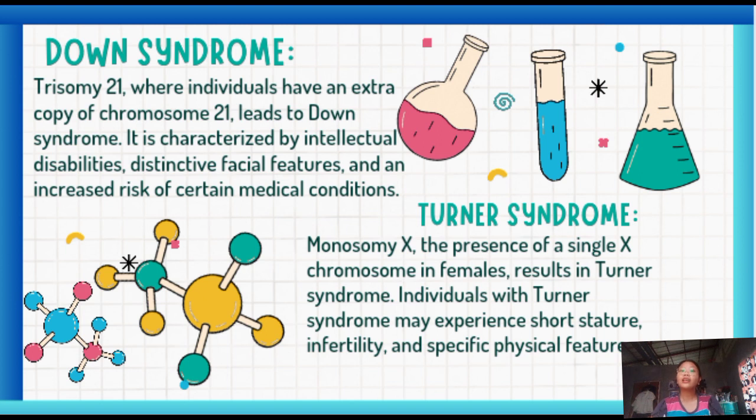Specific chromosomal deletions, as seen in Cri-du-chat syndrome, also lead to distinct disorders. Chromosomal aberrations are implicated in various cancers, emphasizing their significance in both genetic research and clinical applications for diagnosis and genetic counseling.